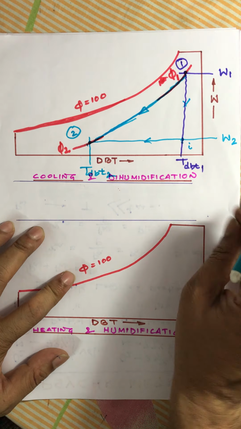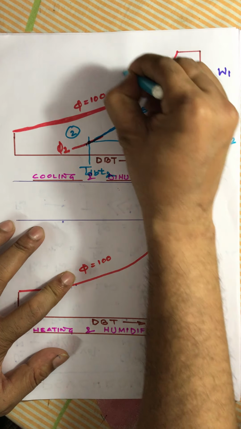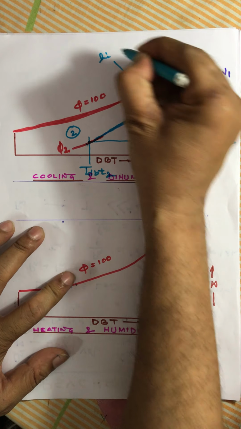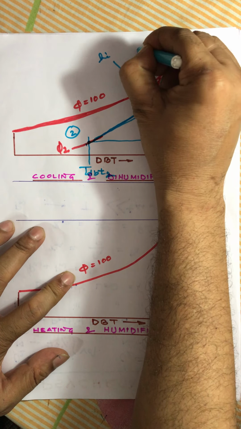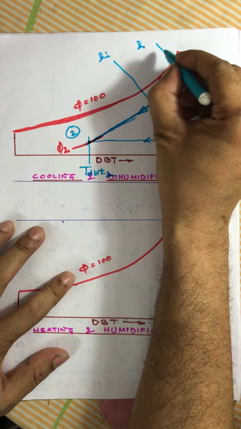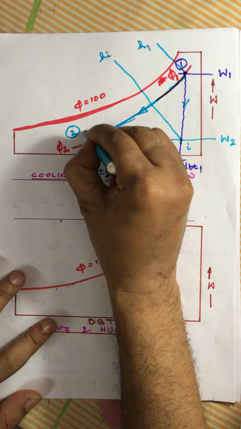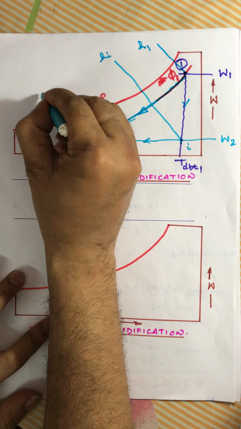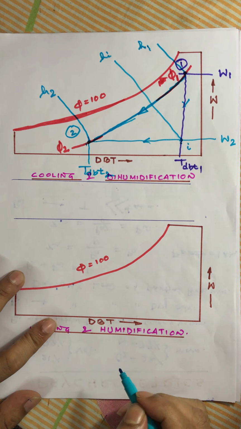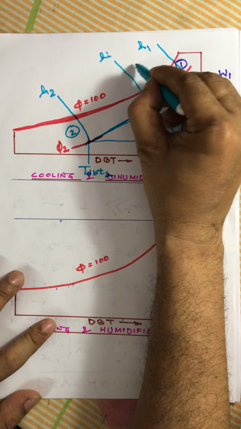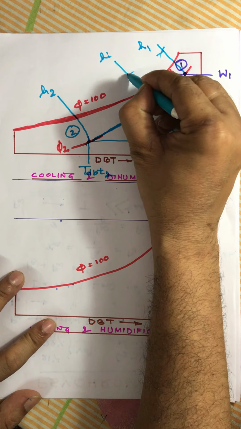So, two types of energy transfer will be there. If you consider this is H1, and this is H2, then this part is what?